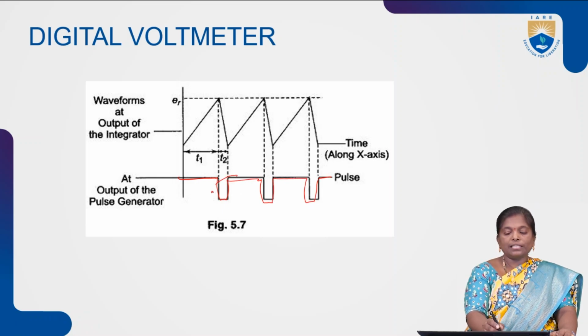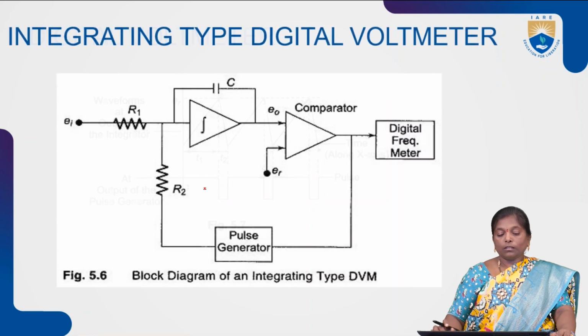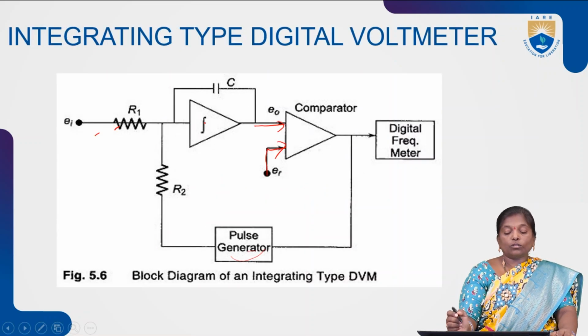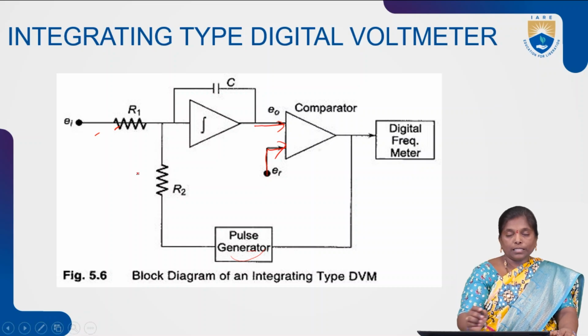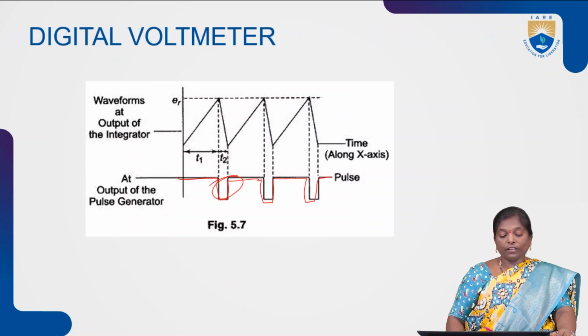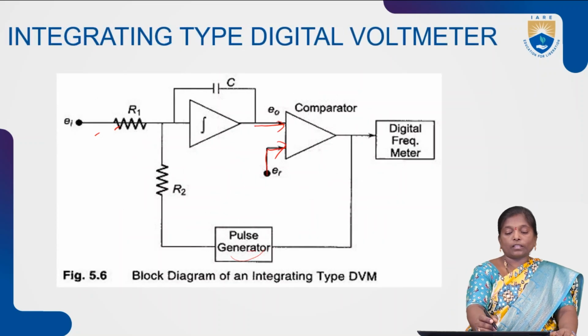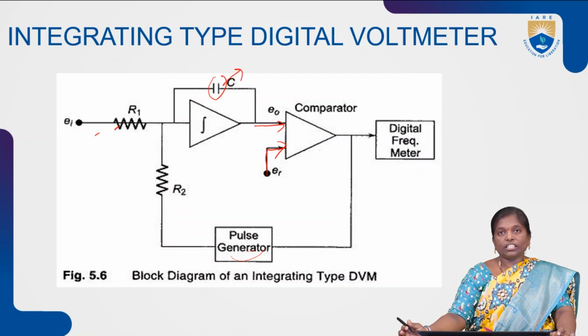Whenever a pulse is generated, the pulse is given to the integrator. Whenever we apply a negative going pulse, the capacitor discharges. When the capacitor charges completely and reaches the maximum or peak point, it starts discharging.